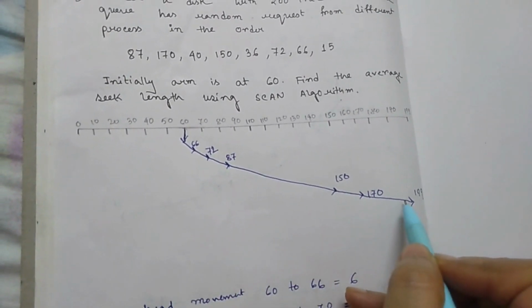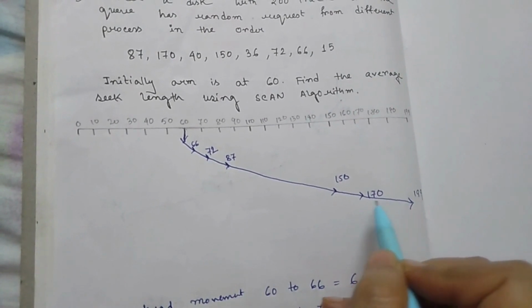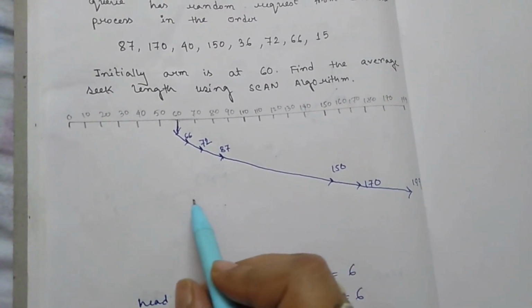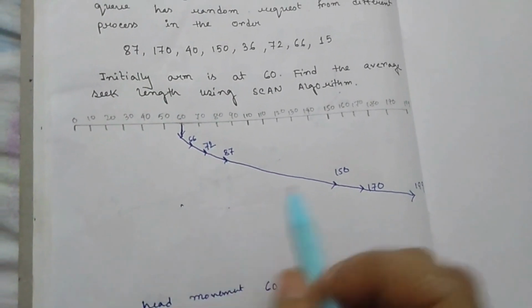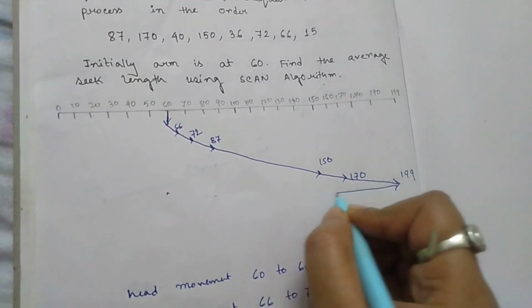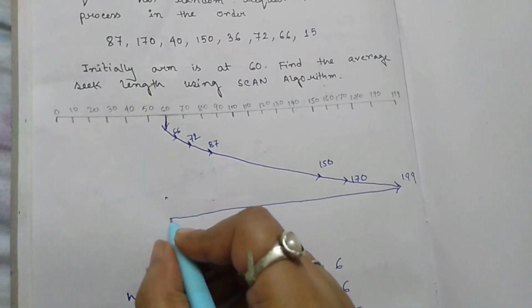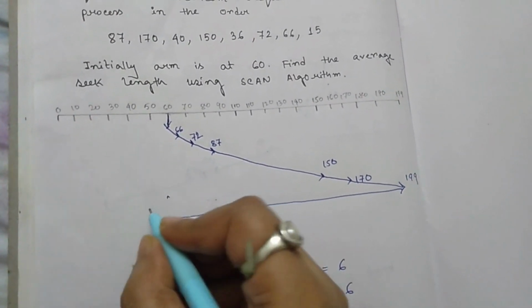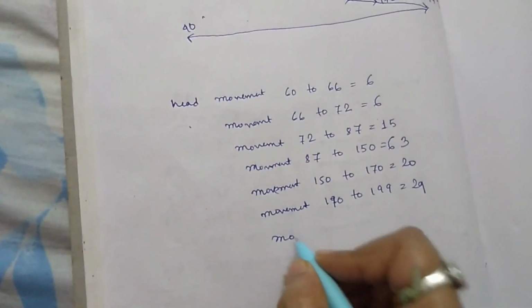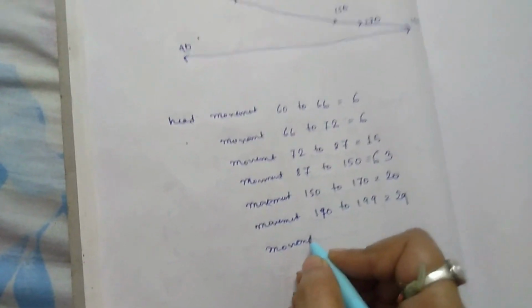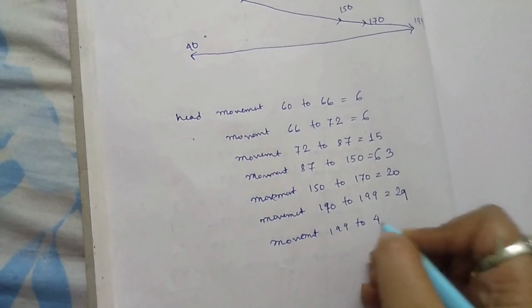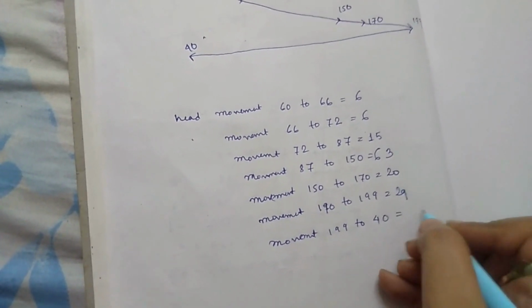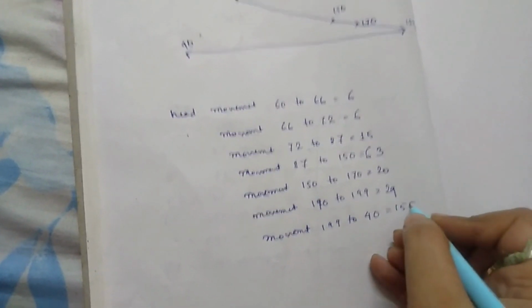Now we move to the nearest value from 199. So what is that value? That is 40. That's why we draw the margin up to 40 and calculate the movement, 199 to 40, and the value is 159.